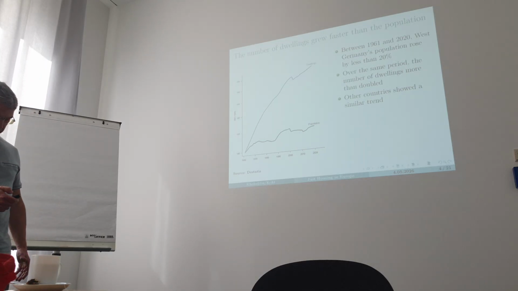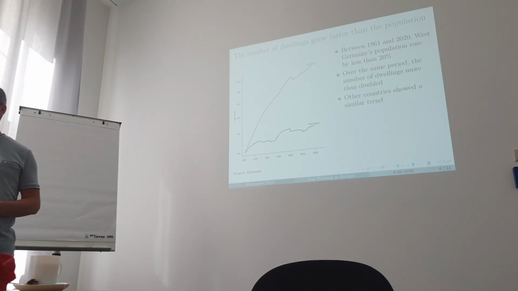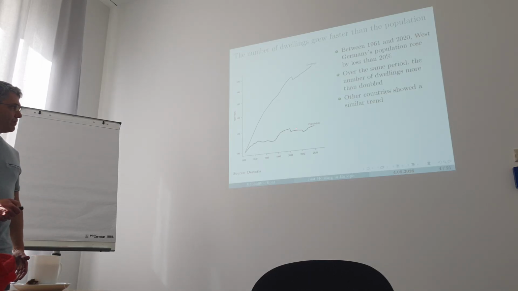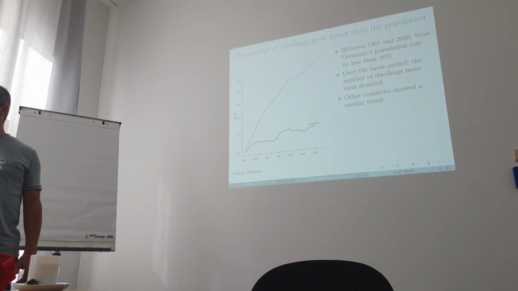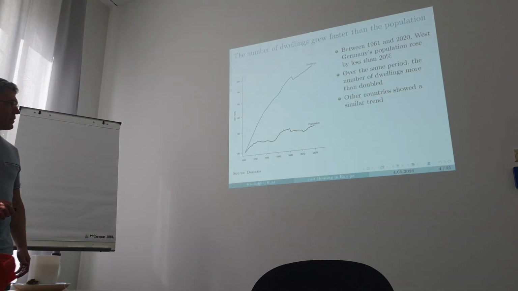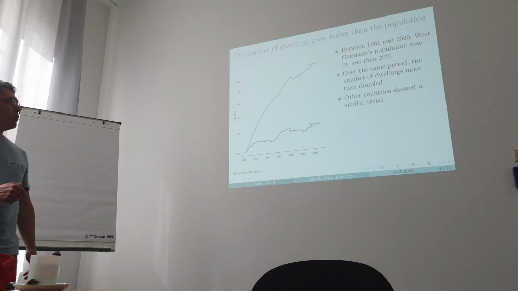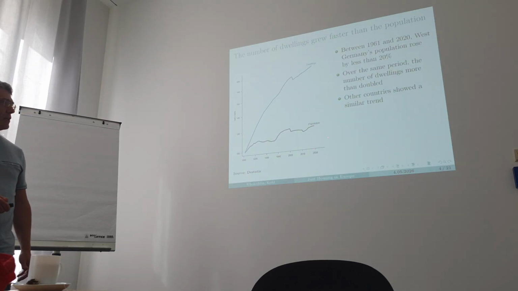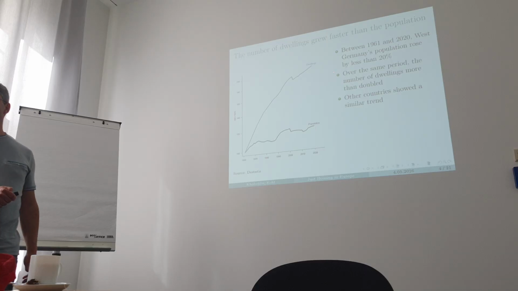The first figure is for West Germany, because for West Germany we have the longest time series. Here I start in 1961. I set this to 100%, so that we can see the evolution of population size and of housing stock. We see here that the population increased by less than 20%, while the housing stock more than doubled.